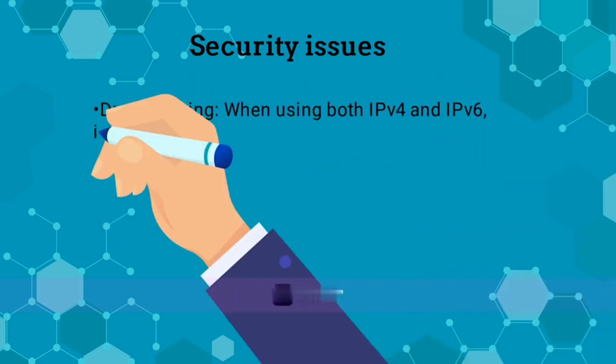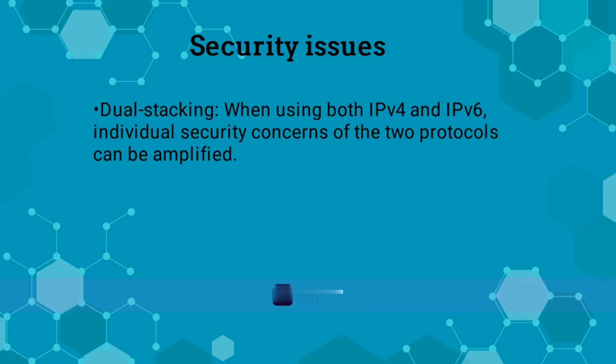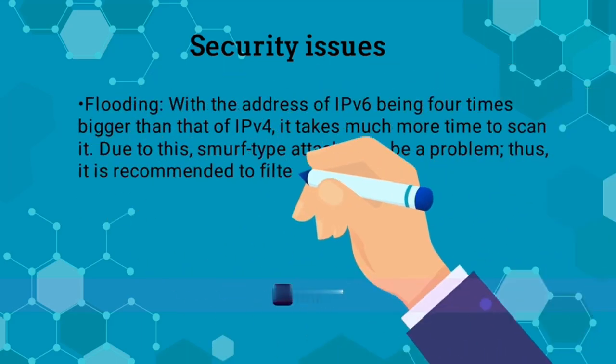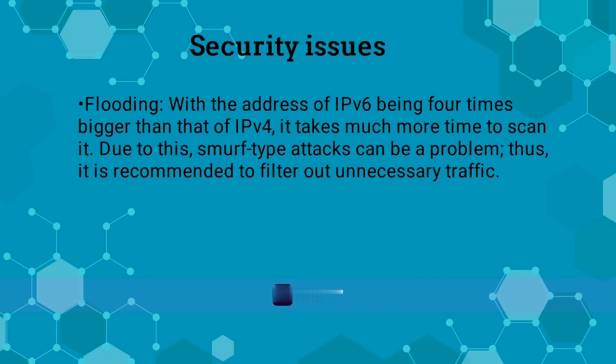Tool stacking. When using both IPv4 and IPv6, individual security concerns of the two protocols can be amplified. Flooding. With the address of IPv6 being 4 times bigger than that of IPv4, it takes much more time to scan it. Due to this, Smurf type attacks can be a problem.